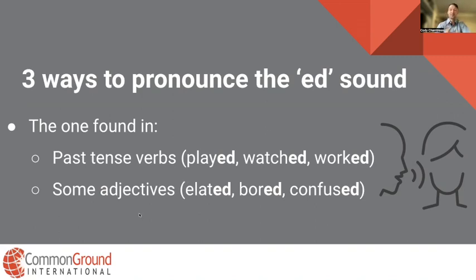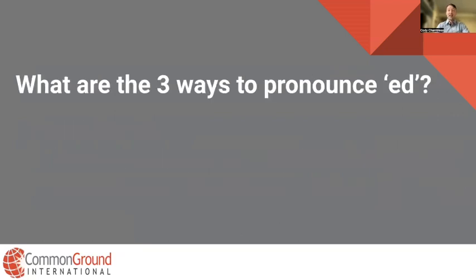For example, elated, bored, confused. So these ED sounds at the end of many verbs and some adjectives are really common, right? And there are 3 different ways to pronounce them. So I want you to think about that. What are the 3 ways to pronounce ED?